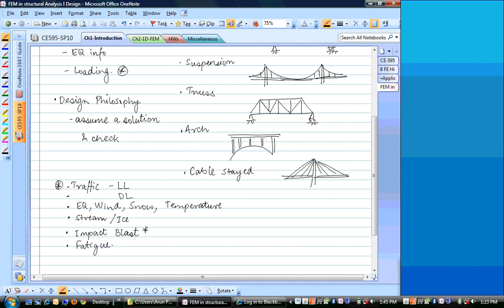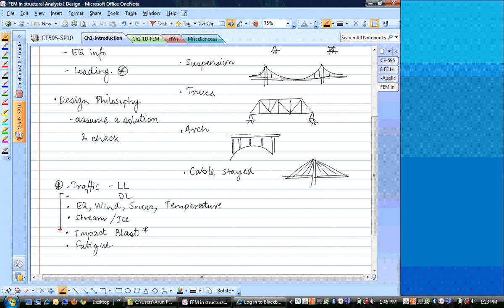So in effect, what we are saying here is that our bridge should be able to sustain all these loadings, and not just all of these loadings. If you go back and take a look at your design handbooks, there will be different types of combinations of these loadings, 1.6 times dead load or whatever those factors are.